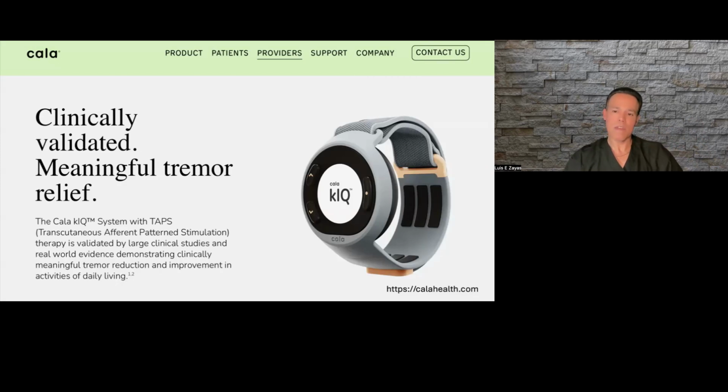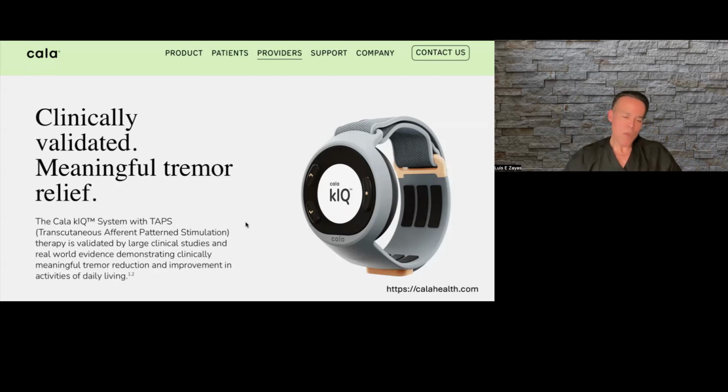If you want more information about Cala, especially about insurance, because for VA patients and some Medicare patients it might cover, there's some insurance coverage, which is the main problem in my opinion. You can go to the website and get more information about that.